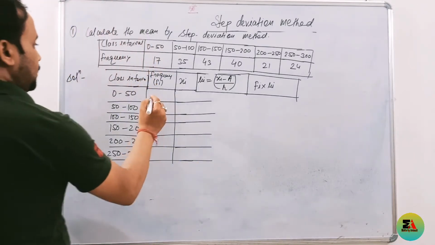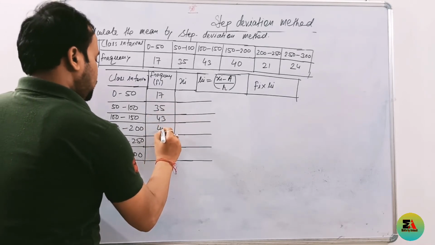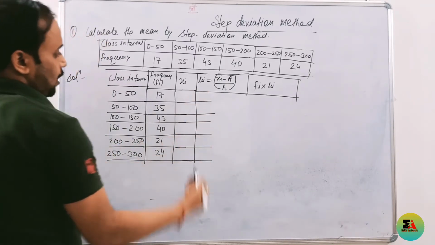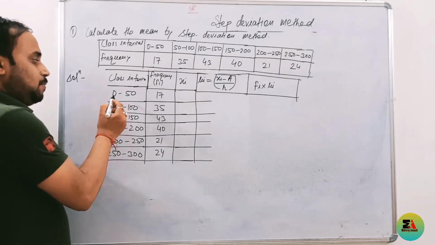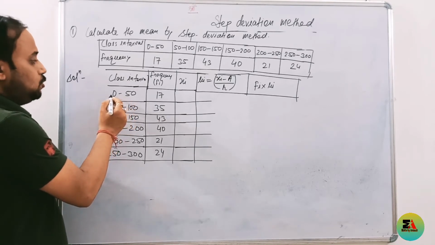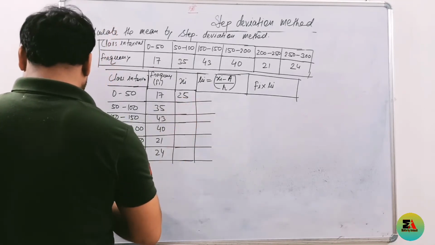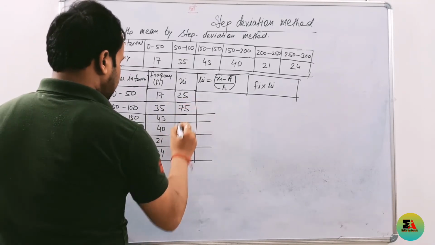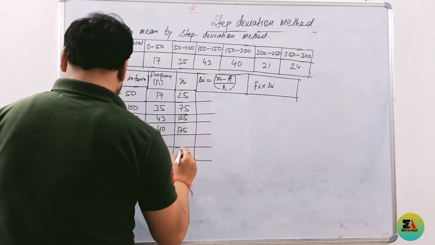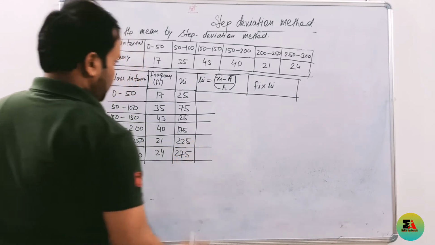And our frequencies are 17, 35, 43, 40, 21, 24. And we know how to find the class mark: lower plus upper by 2. Lower is 0, upper is 50. 0 plus 50, 50 by 2, this becomes 25. Same procedure: 75, this is 125, this is 175, this is 225, and the last one is 275. Clear?